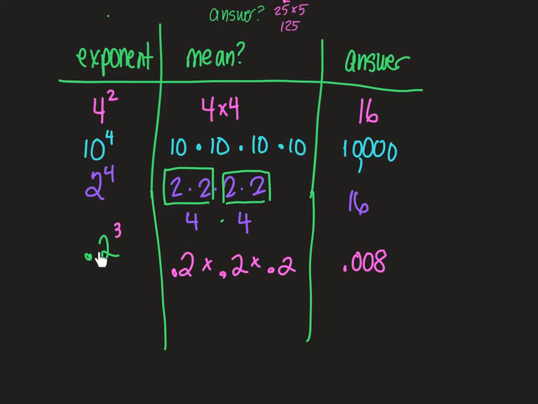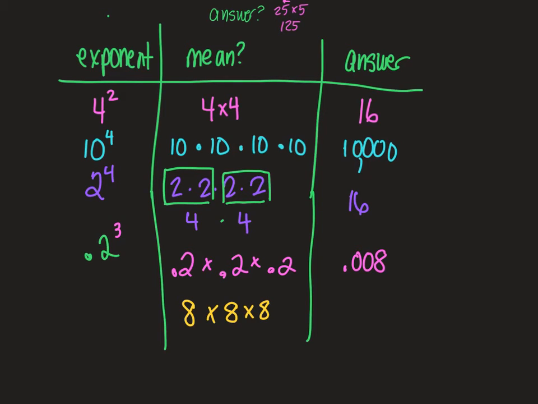I have 3 of these 0.2s. 2 times 2 is 4. 4 times 2 is 8. The rule with multiplying decimals is I count. I have 1, 2, 3 behind the dot. I need 3 behind the dot, so I had to add some 0 placeholders.